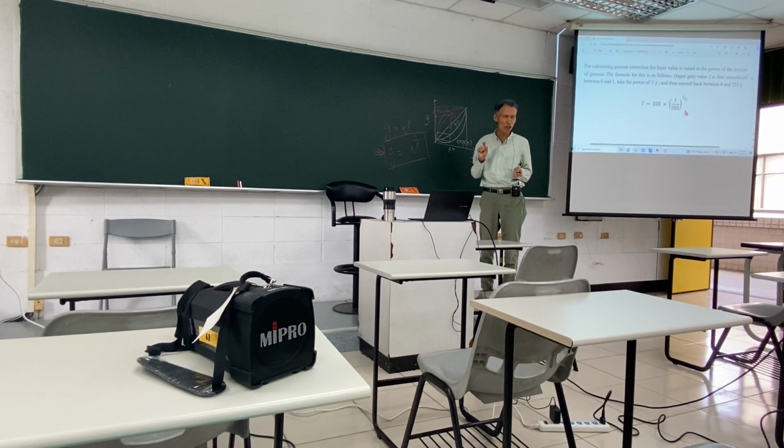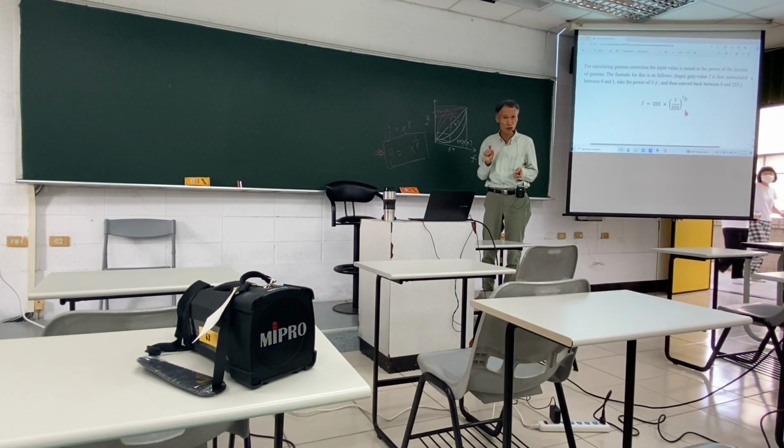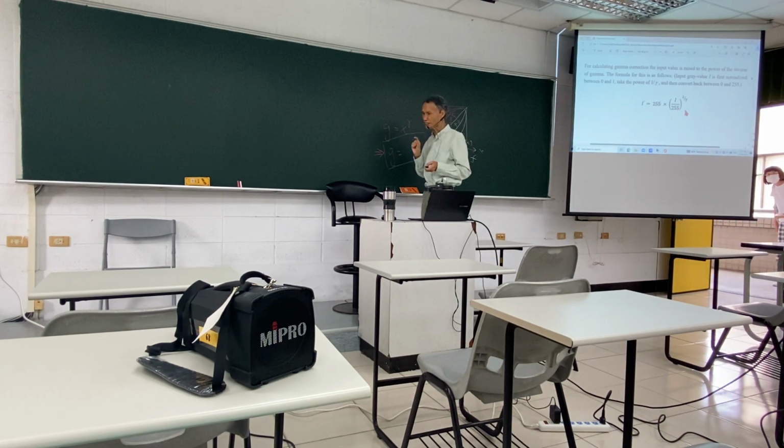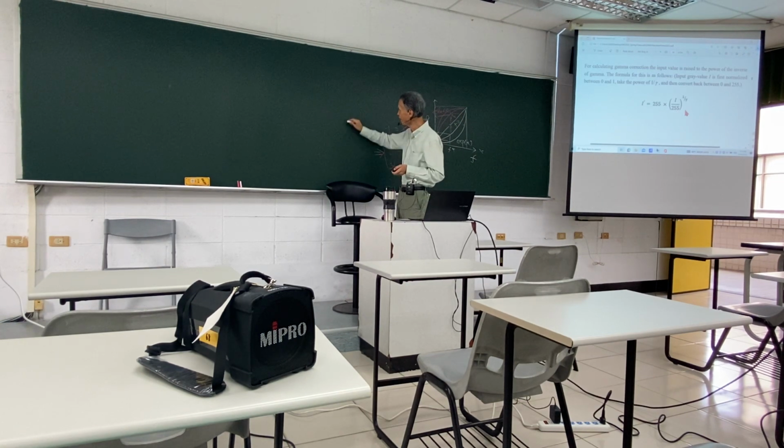I don't recommend it for your own application, but for CRT, LCD, or even your smartphone, usually this gamma value is 2.2, or around 1.8 to 2.2.